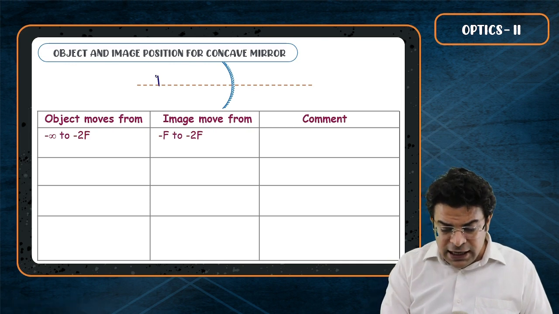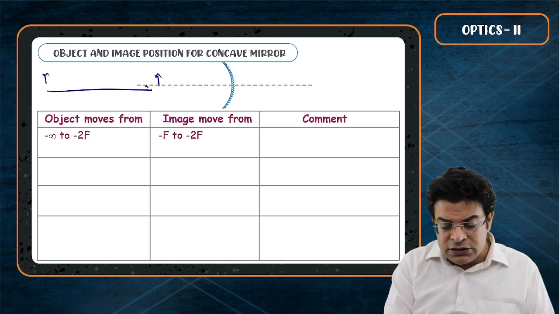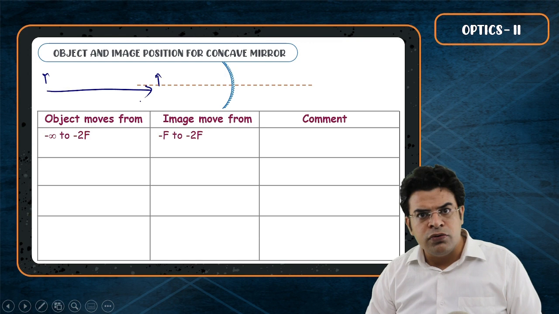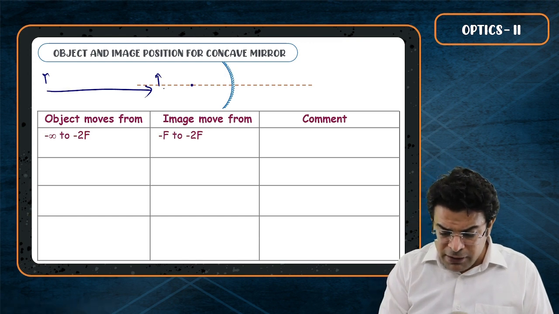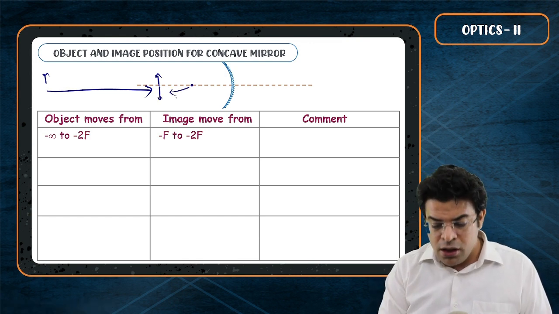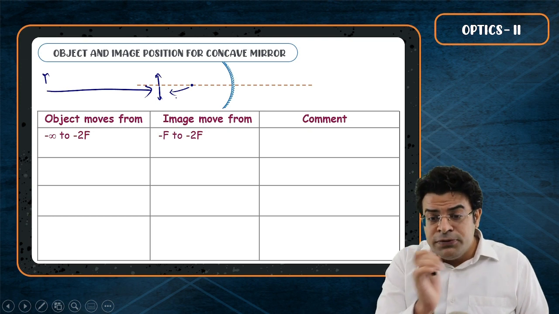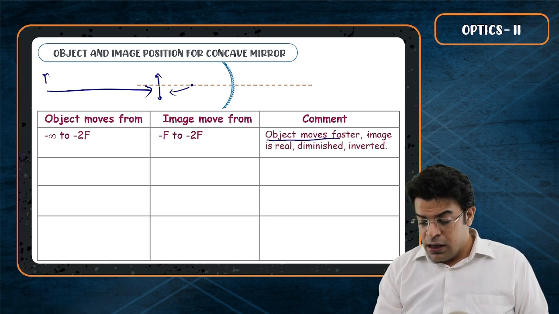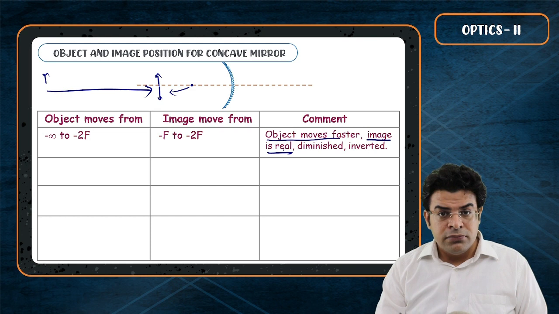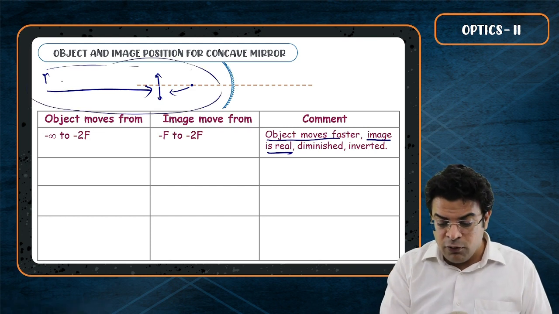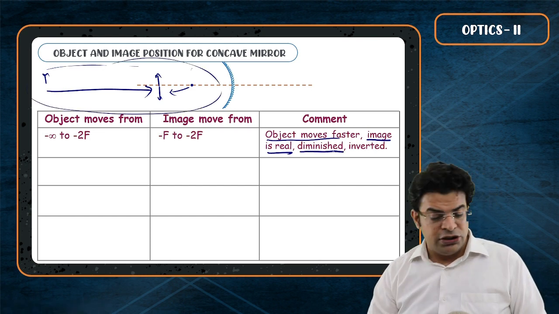As you can see, the object moves a greater distance from minus infinity to minus 2f, and the image moves from minus f to minus 2f. You will say that the object moves faster, the image is real, and the image is diminished. Why?